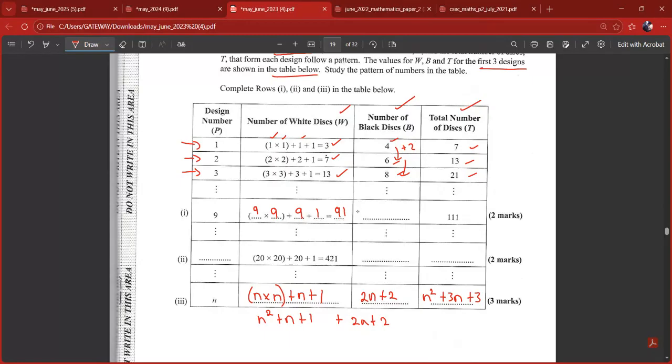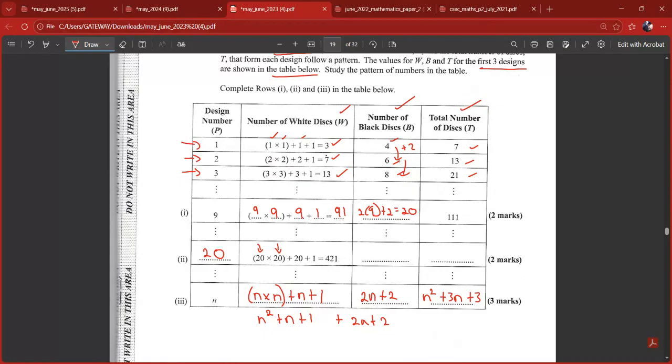So this blank here for part 1 will be 2 by 9, because N is 9, plus 2. 2 by 9 is 18 and 18 plus 2 is 20. Part 2, obviously we're seeing that N is 20 here because it's N by N, which is 20 by 20, so N has got to be 20.